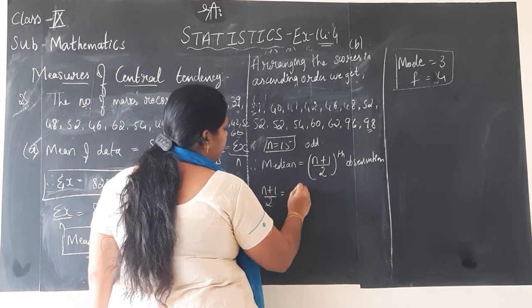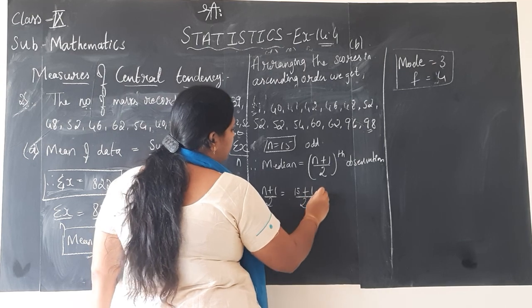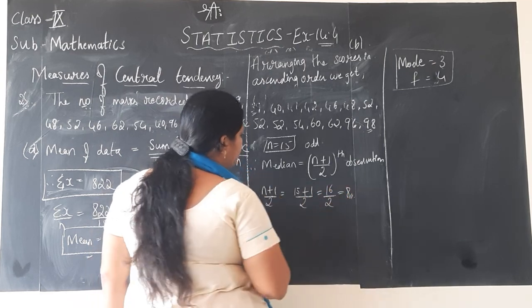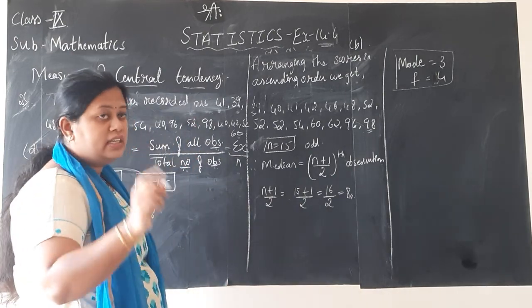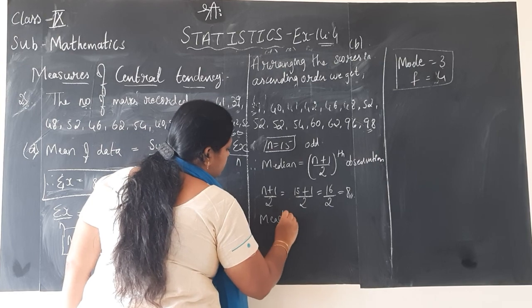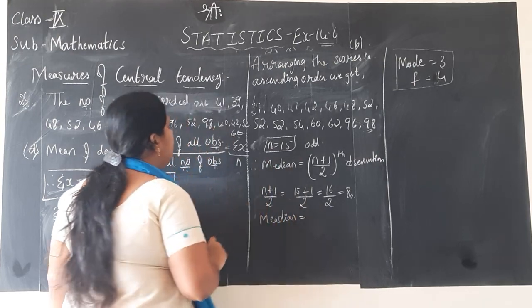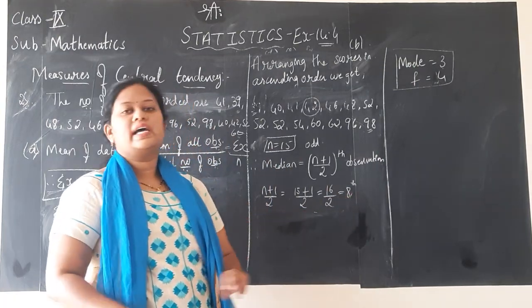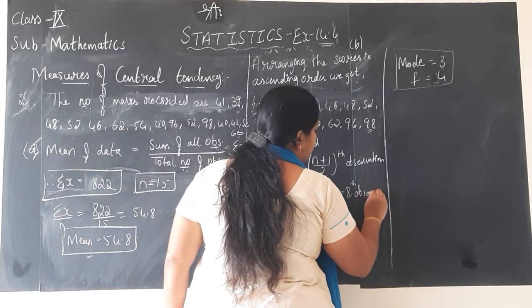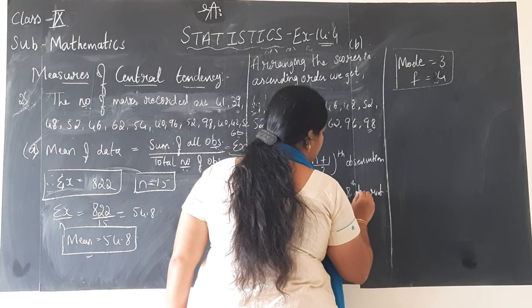n is 15, so 15 plus 1 divided by 2, that is 16 divided by 2, we got 8. So the median is not 8. Median is equal to 16 by 2 as 8, but the median is not 8, children, it is the 8th observation.